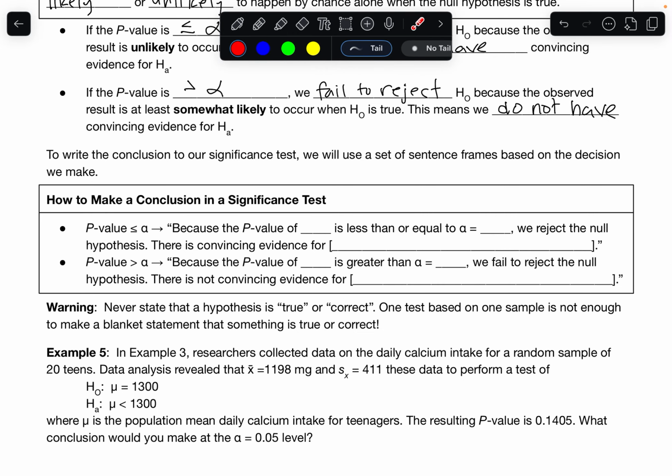The first, this part up here, addresses the null. The second sentence addresses the alternative. And you should always write both.